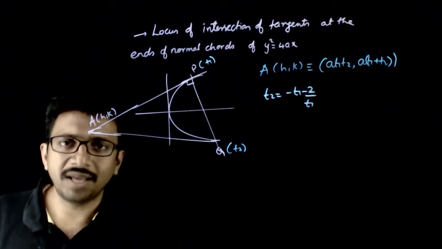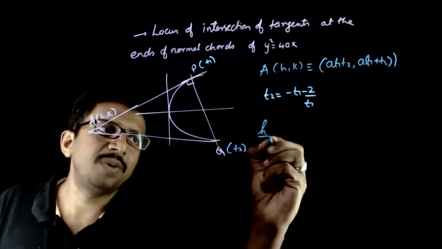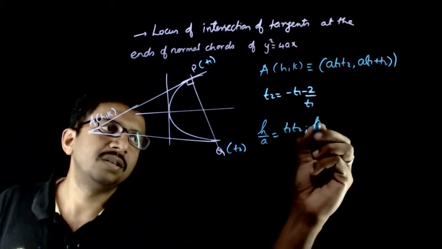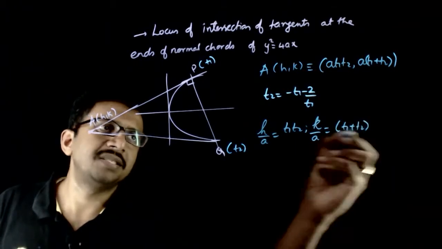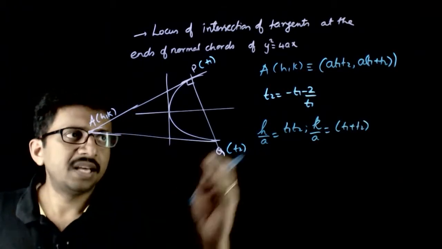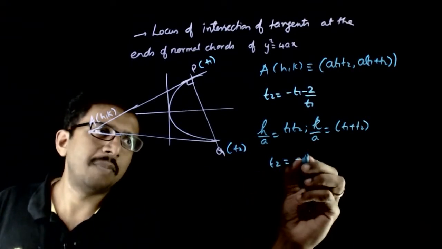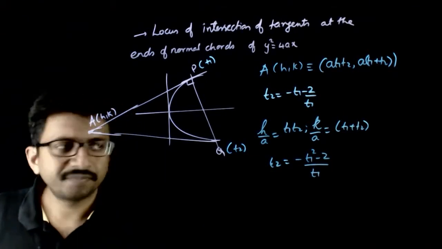Now how will you eliminate T1 and T2? From the first equation, H by A is equal to T1 T2, K by A is equal to T1 plus T2, and T2 is equal to minus T1 minus 2 by T1.